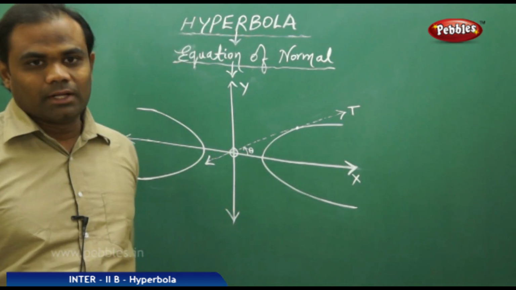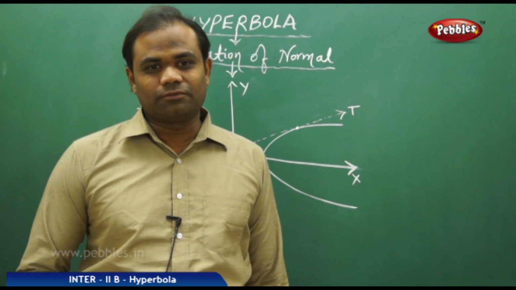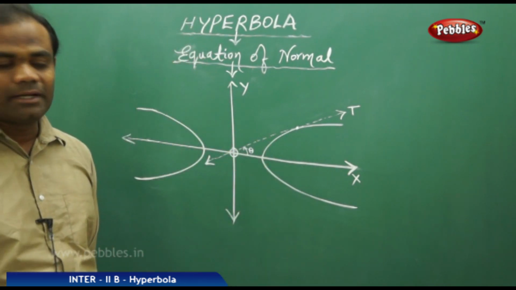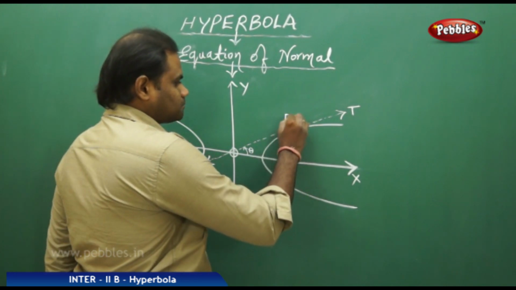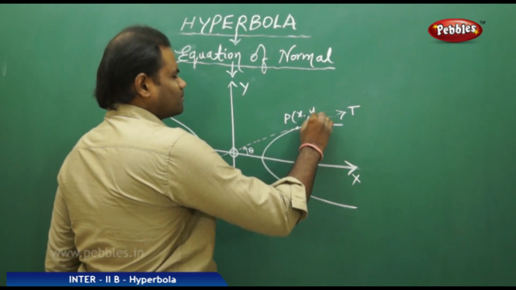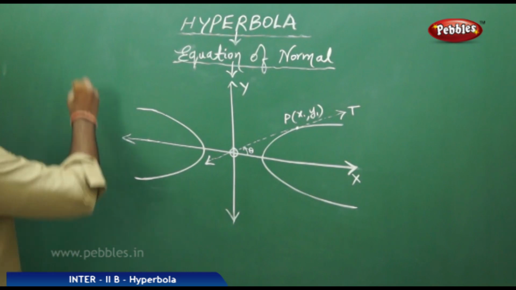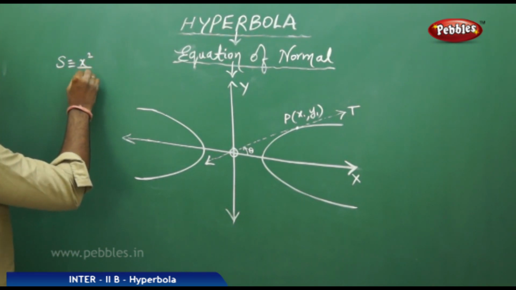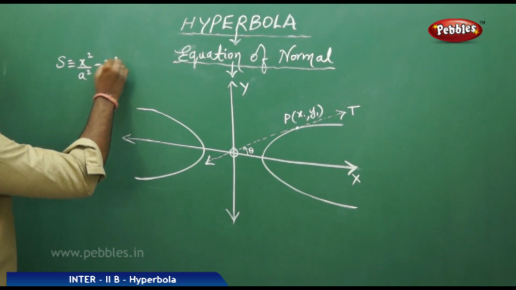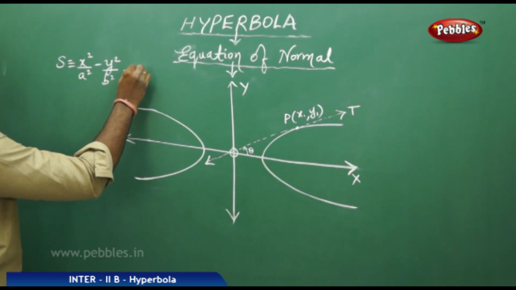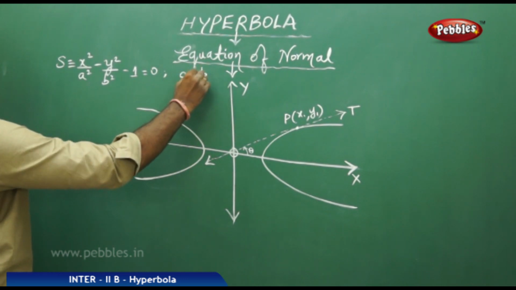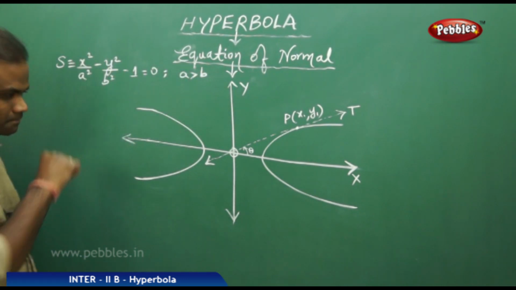Equation of normal. As we have seen the equation of tangent for the hyperbola, let's see the equation of normal at P(x1, y1) for the hyperbola S, which is given by x square by a square minus y square by b square minus 1 equal to 0, with a greater than b.